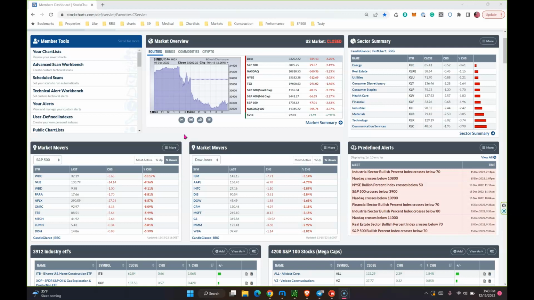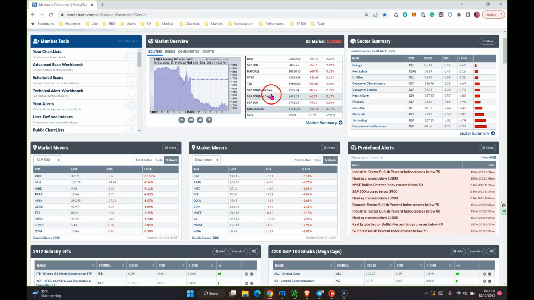Today we dropped about 2.2%, and it was pretty much a straight sell-off from the open: 2.2% on the Dow, 2.5% on the S&P 500, 3.2% on the NASDAQ Composite, and about 3.37% on the NASDAQ 100.